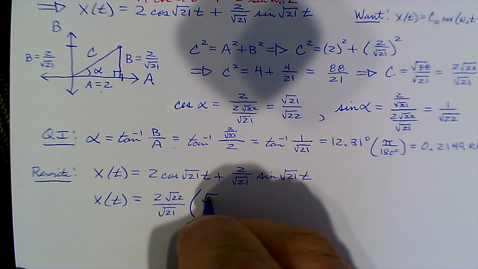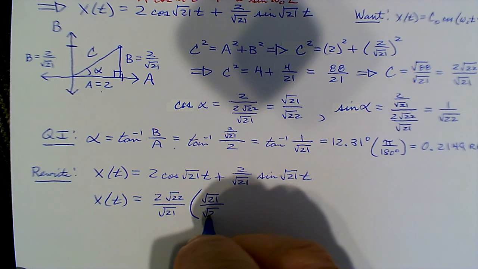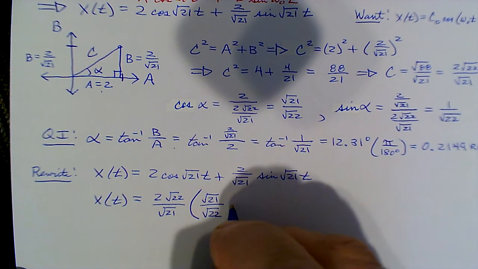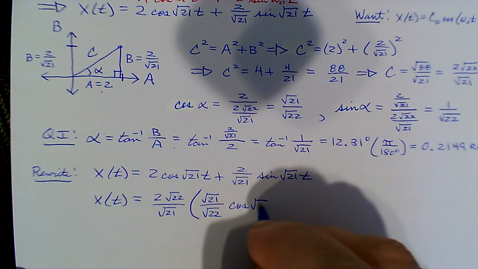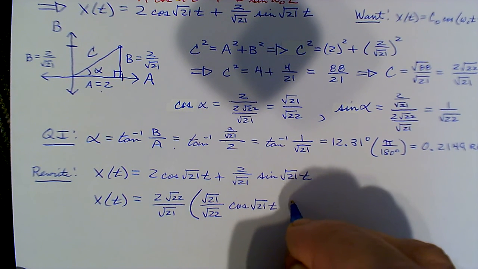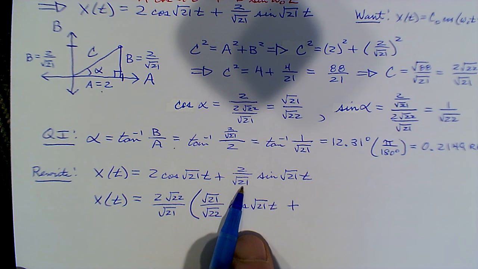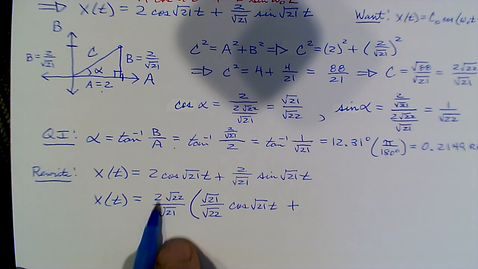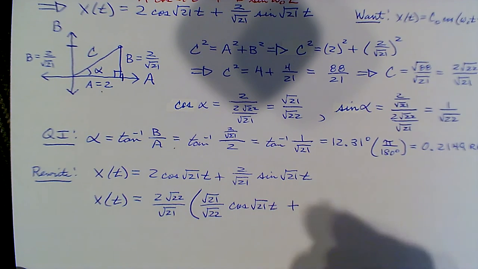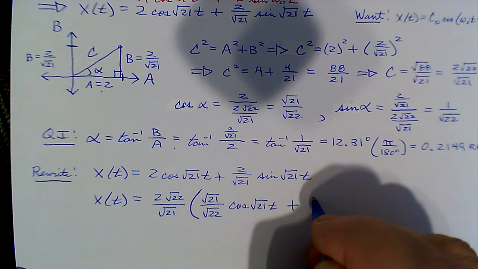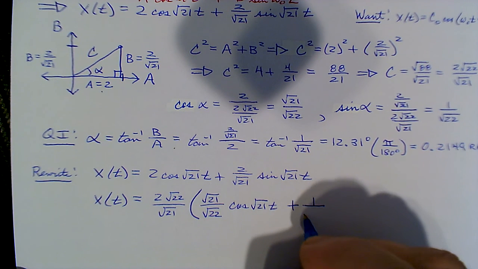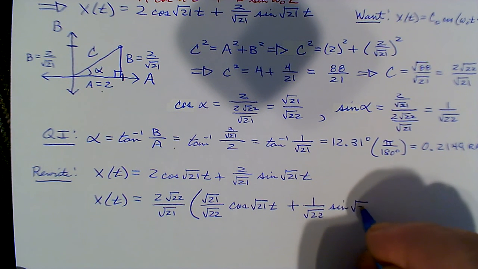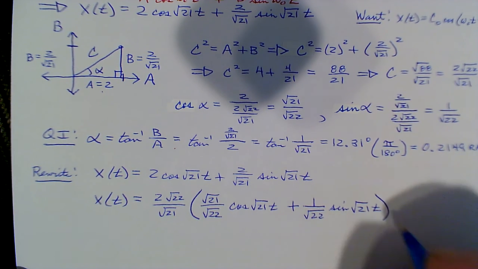So I'd have to have the square root of 21 over the square root of 22, and then that product would give me the 2 that's in front of the cosine of the square root of 21t. And then to get 2 over the square root of 21, I'd have to cancel the square root of 22 that's in the numerator, and that would leave me with the coefficient of the sine here. And I could do that by multiplying by 1 over the square root of 22. And then the sine of the square root of 21t.